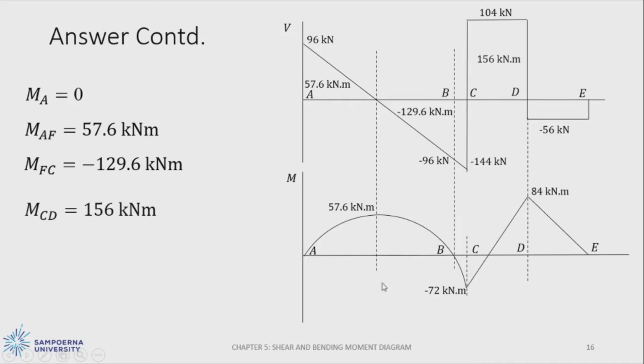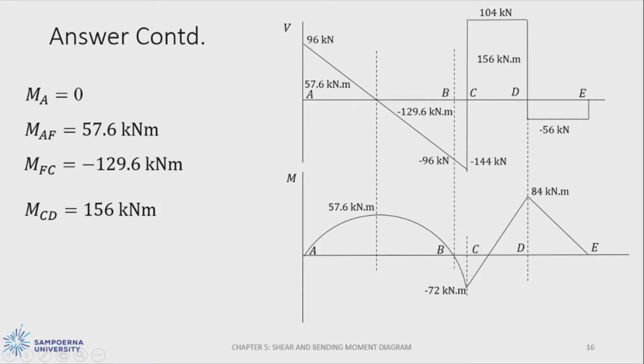And then from C to D, we will obtain 156 kilonewton meter. Then the same thing goes as before, where it is summed up from the previous value.